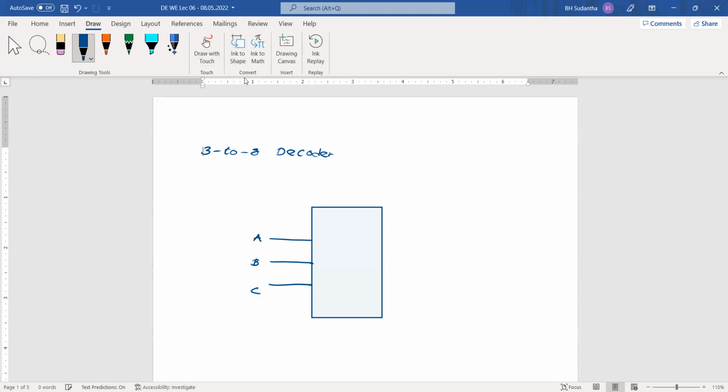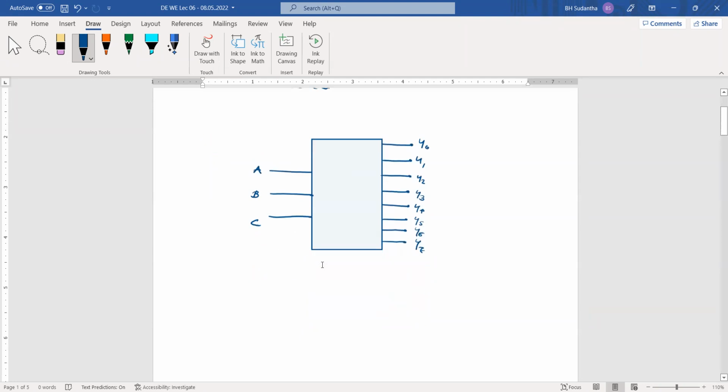We have these 3 inputs A, B, C. Because of that, we are having 3 inputs, and we'll have 8 outputs, starting from Y0, Y1, Y2, up to Y6 and Y7.